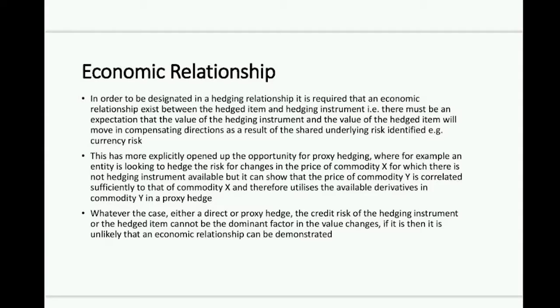And if you can't show that, then the accounting standard doesn't permit you to designate them as being in a hedging relationship. The last consideration, which is again not really that different from IAS 39, but it's worth reiterating, is that because you're hedging a given risk, which is commodity price risk or interest rate risk, etc. And typically these contracts are always with an external party. So if it is on the hedged item, it is your contract to sell the coffee beans to party B, for example.